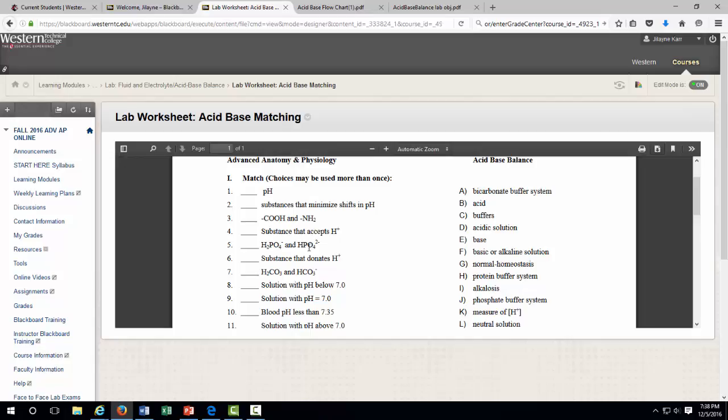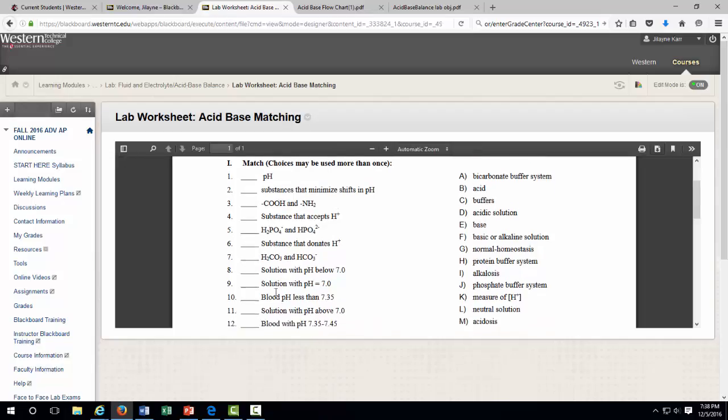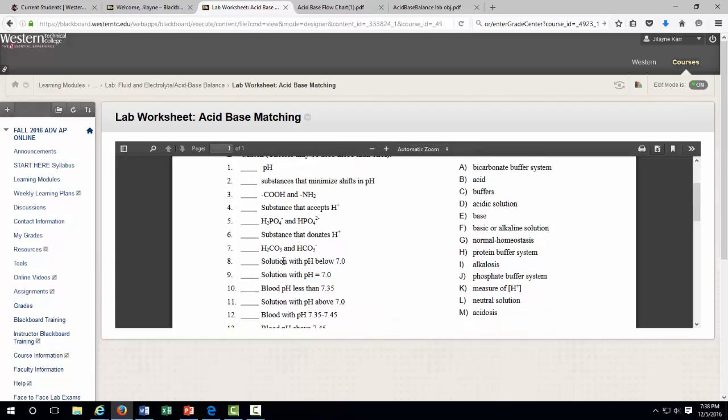Phosphoric acid and phosphate ion are all part of J, phosphate buffer system. Substance that donates hydrogen ion. B, an acid. Carbonic acid and bicarbonate are part of the A, bicarbonate buffer system. Solution with a pH less than 7. D, acid.